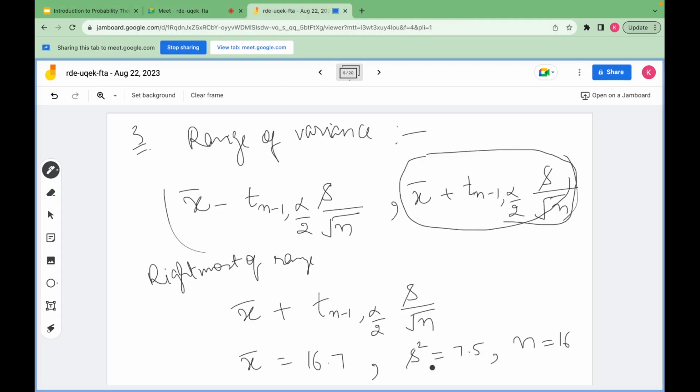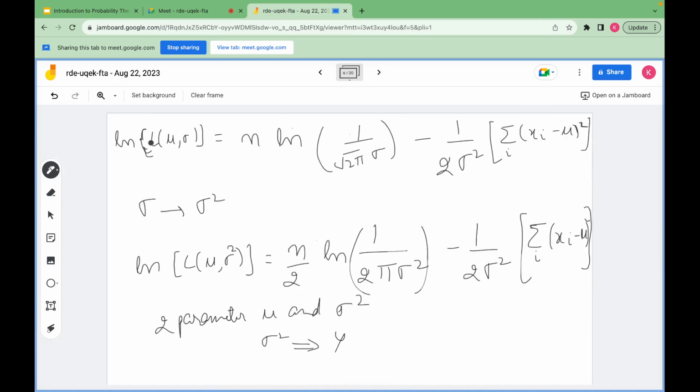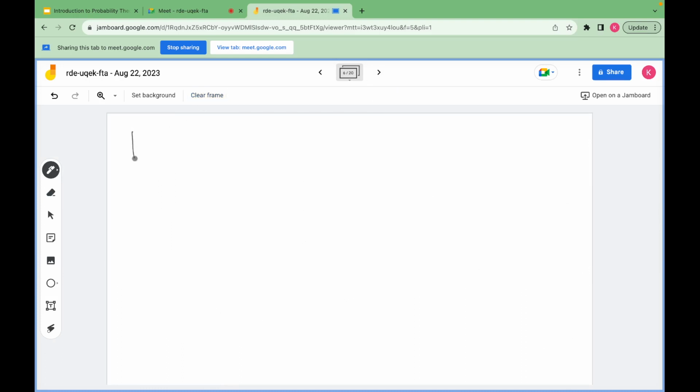Alpha is 0.05. So the first step is we need to find this value: t 0.025, as alpha is 0.05, with degrees of freedom 16 minus 1, which is 15.